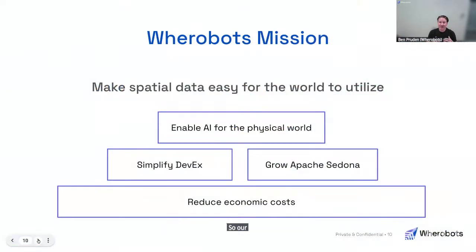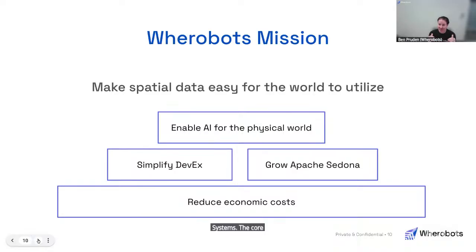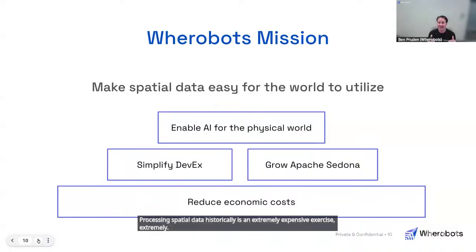Our mission as a company is making spatial data easy to utilize across any number of different systems. The core thing that we see at the base layer of the problem is that processing spatial data historically is an extremely expensive exercise, extremely compute intensive, and it also requires a large degree of customization of architectures.